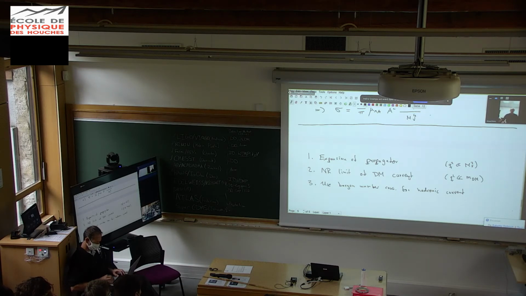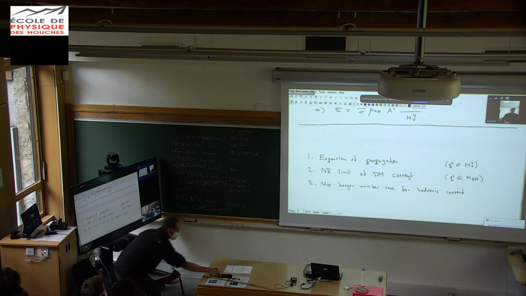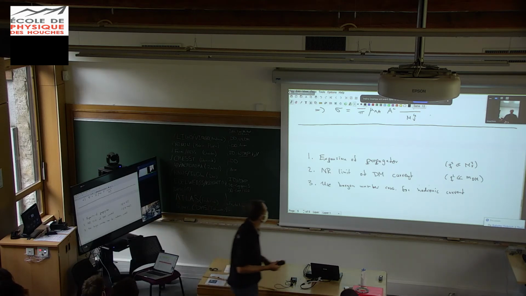But what we want to do now is take each of these approximations that we did and generalize them to a general strategy that will work for all cases. So we will talk about the expansion of this propagator. We will talk about how to take the general non-relativistic limit of a dark matter current, even if it's not a vector current.